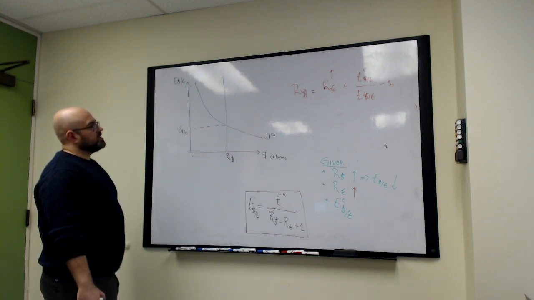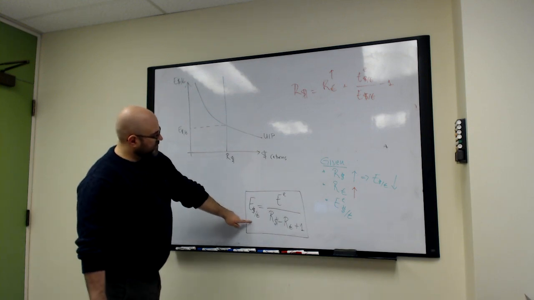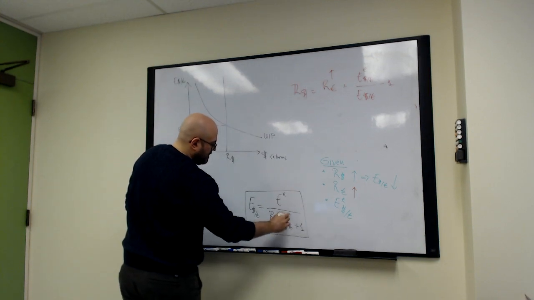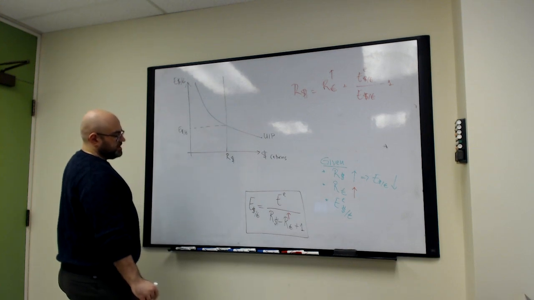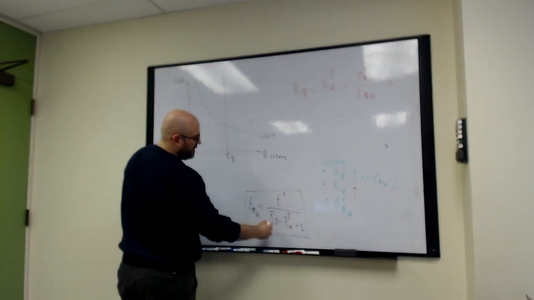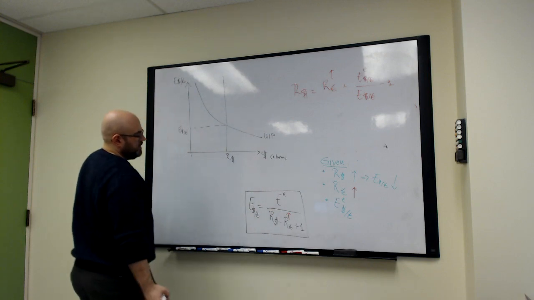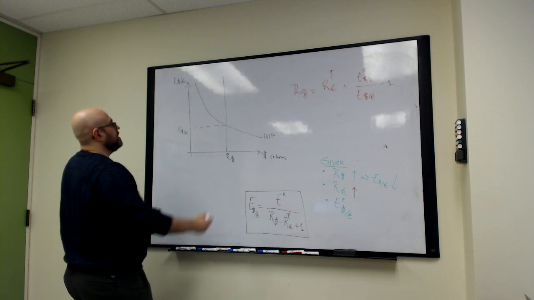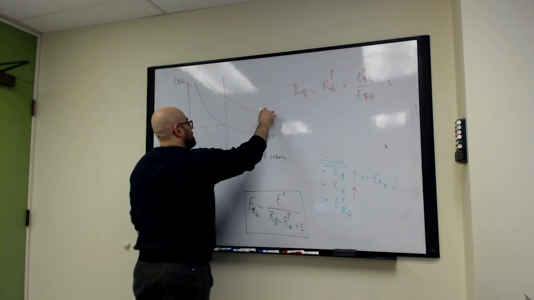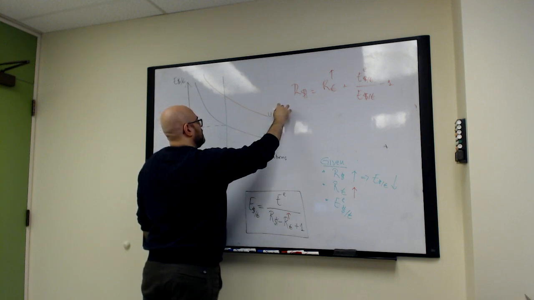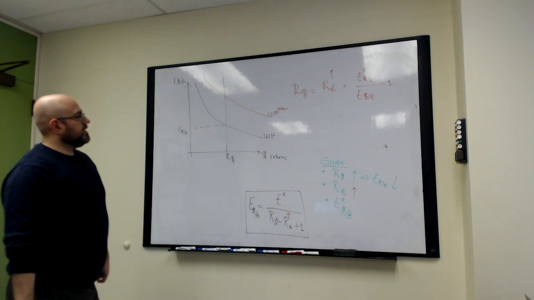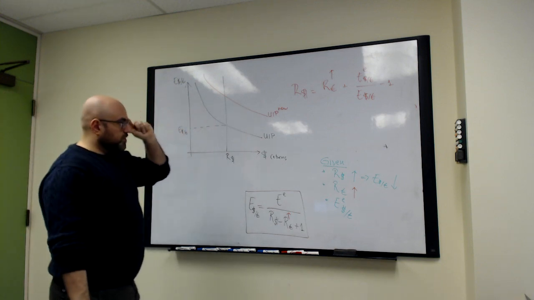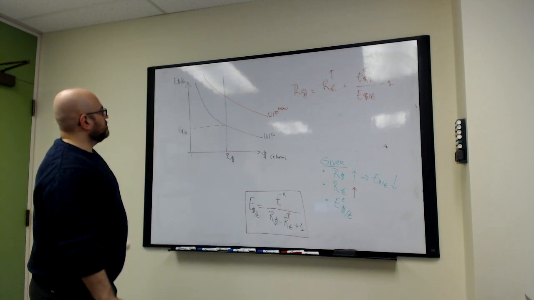We can also double check that using here where we solve for the nominal exchange rate. So if the European interest rate increases, that means that the denominator overall decreases and the nominal exchange rate should be higher. So the new UIP curve will be either to the right or up, however you find it more intuitive, but it's going to be to the right and up.